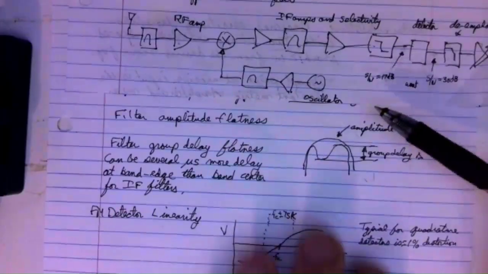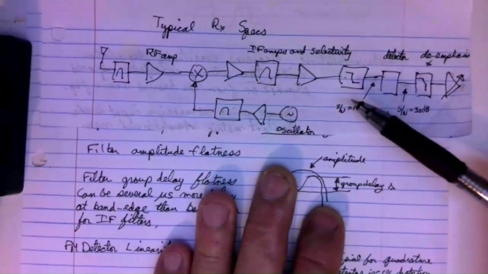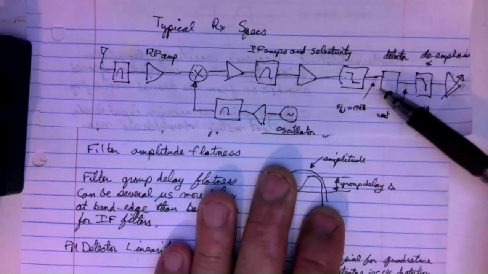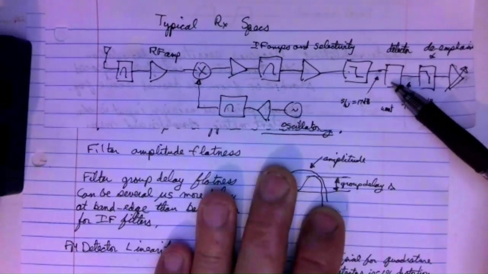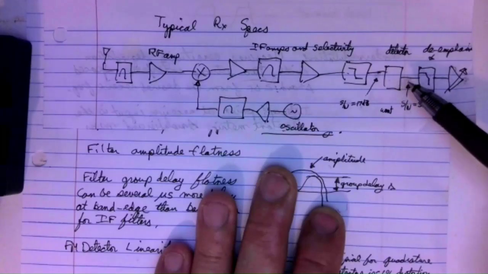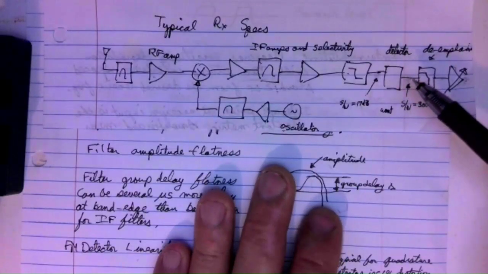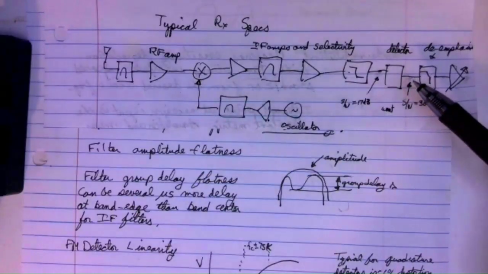Now, obviously what you would like is all of the spectral components that the detector needs to put the waveform back together again, so you get a sine wave output. If they don't get to the detector at the same time, that's not going to be good for distortion.